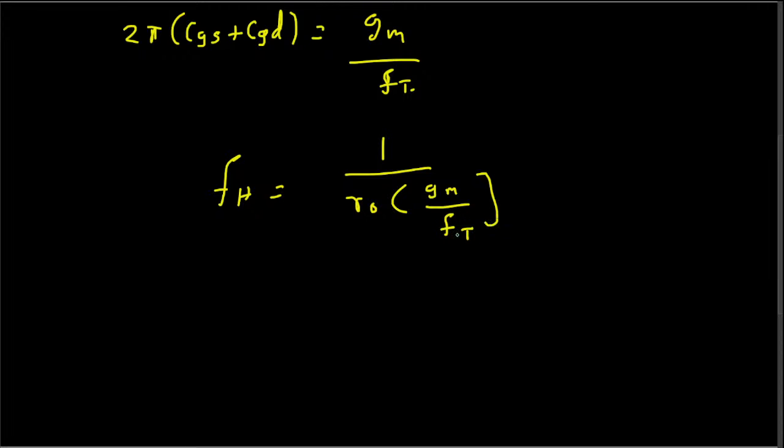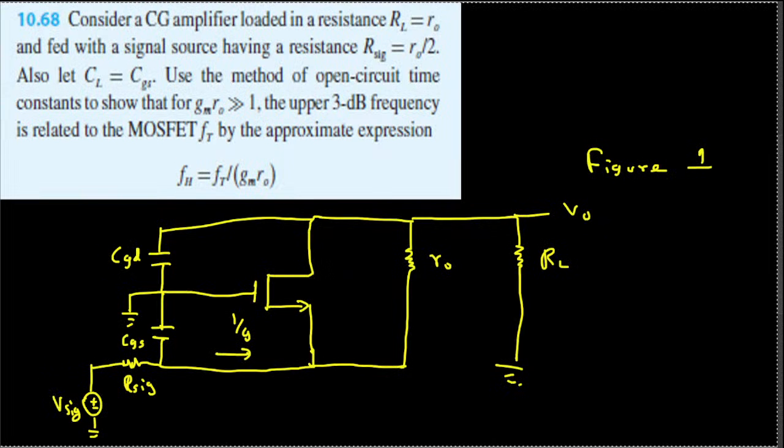Okay, and this fT divide can be flipped around and put on the top, so this is going to be fT over gmro. If you look at the question, that is what they have right here, and that's what they're asking us to prove. And that is it for this question.